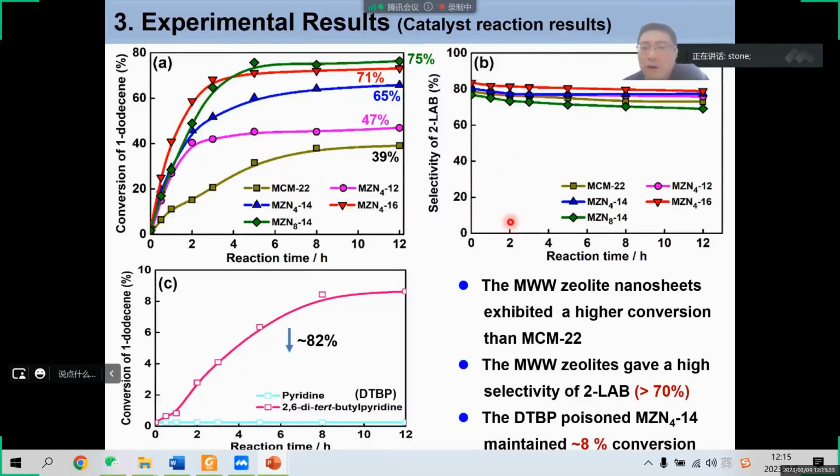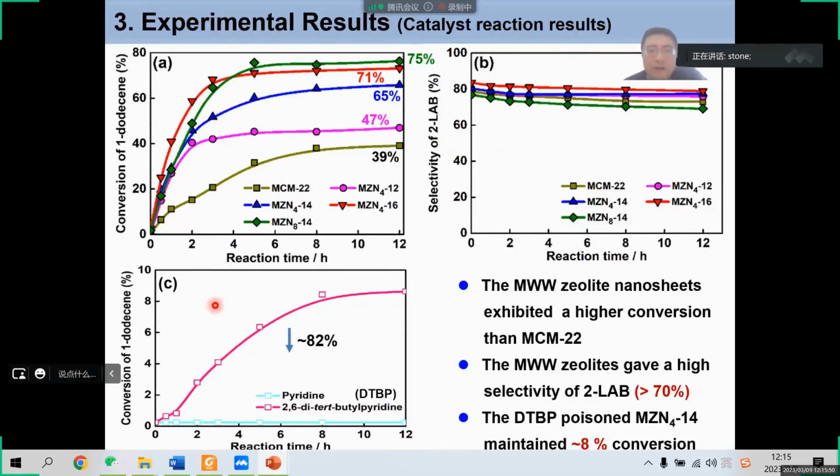But for all of these, the MWW zeolite exhibits comparable selectivity toward 2-LOB, and we will explain and discuss this in the following slides. Look at picture C.